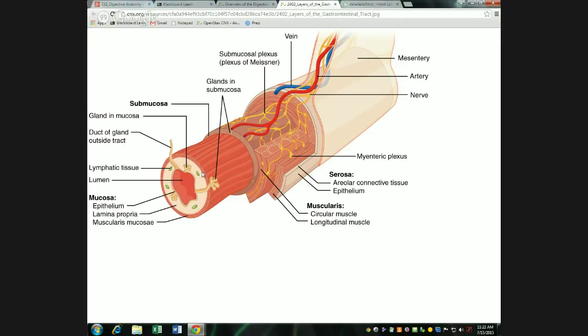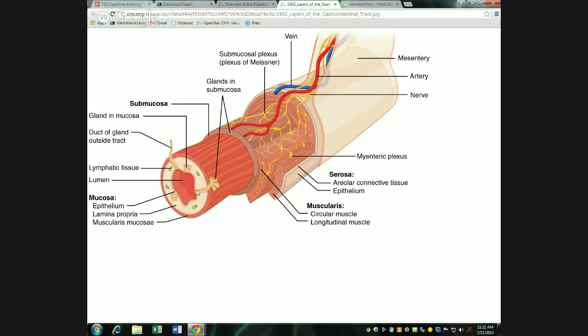So in this picture, they've kind of extended just the mucosa out to see the components of that. Within the lamina propria, there can be some small glands that are going to be secreting mucus. There will be mucosa-associated lymphatic tissue, like we talked about with the lymphatic system, visible.